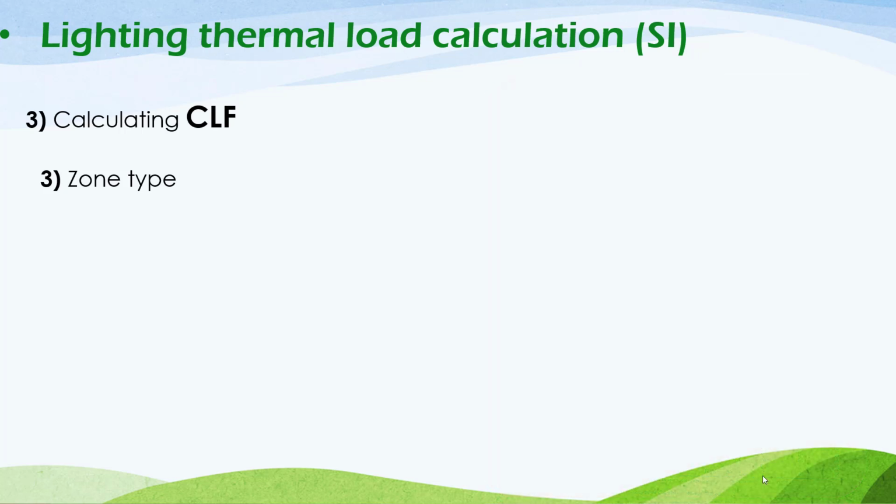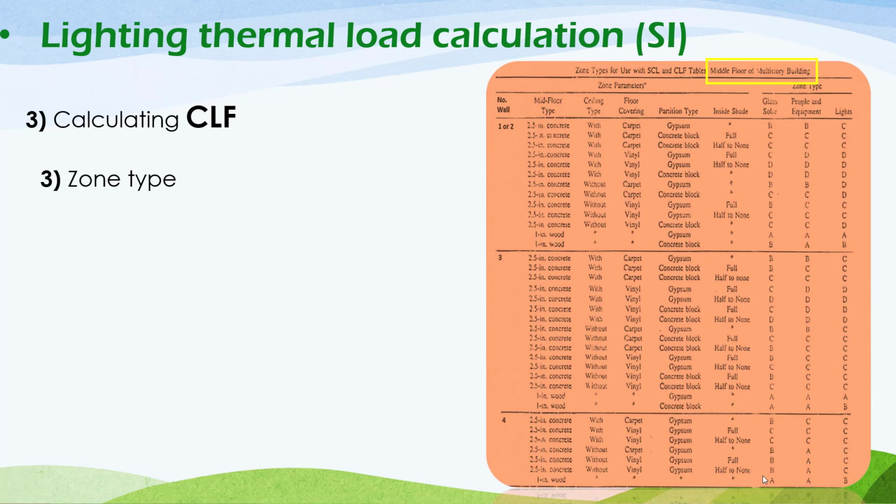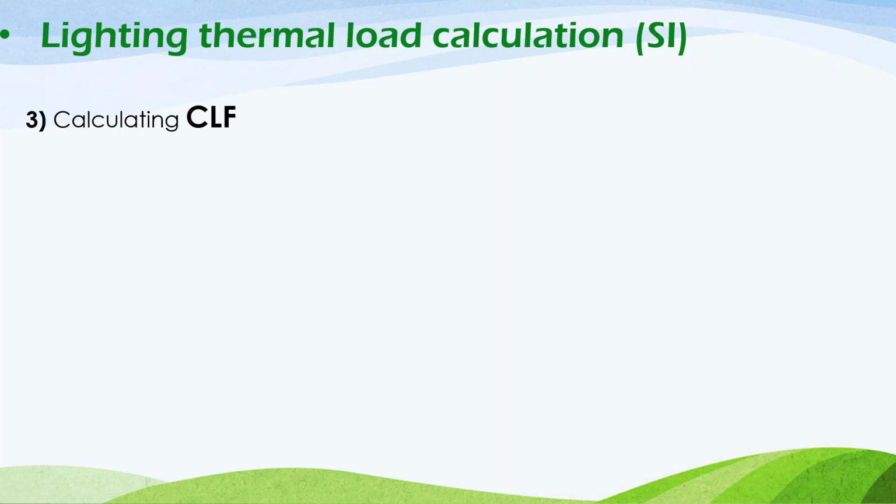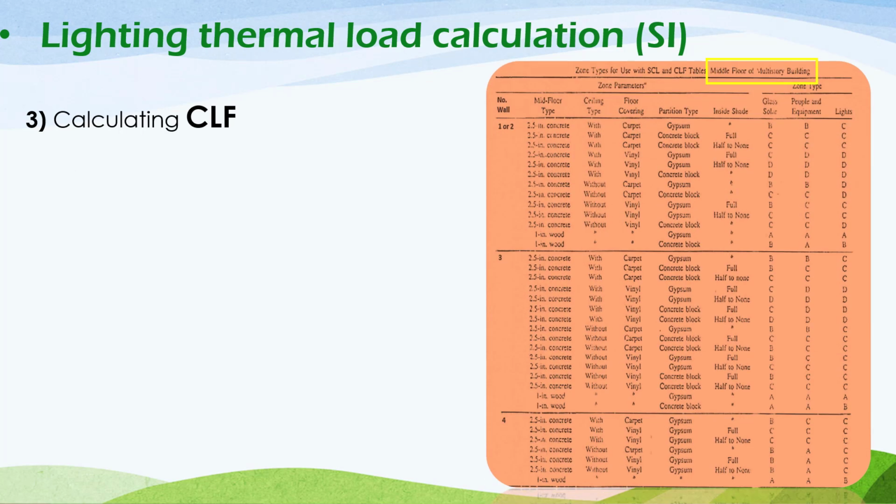And also if our floor is the middle floor of a multi-story building, we select the zone type from this table. And if our floor is the top floor of a multi-story building, we enter this table to get the zone type.